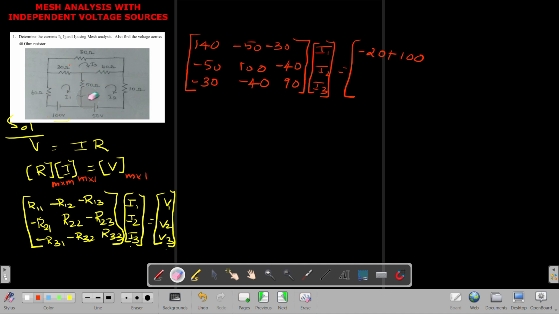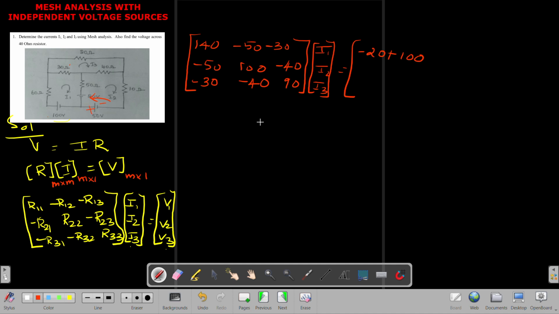In mesh 2 again we have two batteries, the 20 volt battery and the 50 volt battery, and again I should apply the battery sign. Let's take the 50 volt first. You can see the direction is going from minus to plus terminal, so it is again a rise.